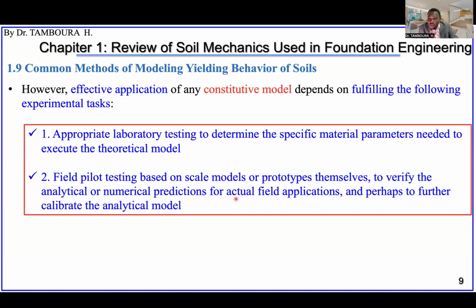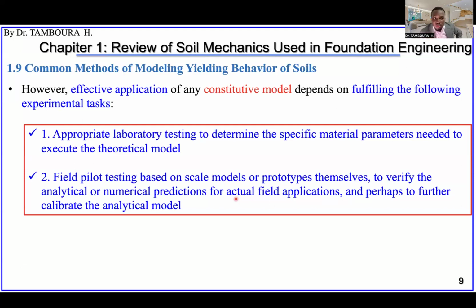Okay, then you compare the load settlement curve obtained from the loading test with those you obtain from your numerical model, constitutive model. Okay, in that case, maybe it will help you, for example, to change some parameter.